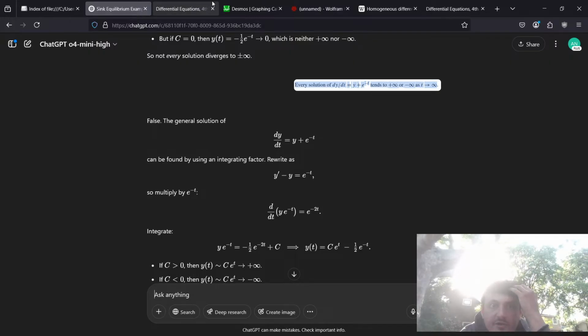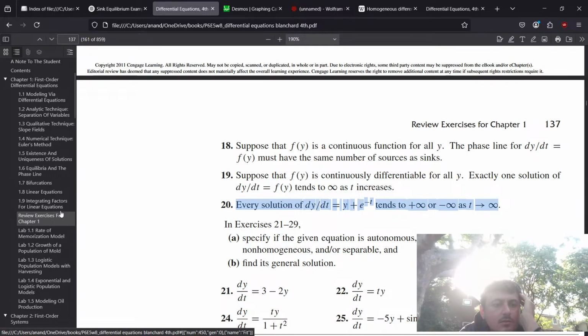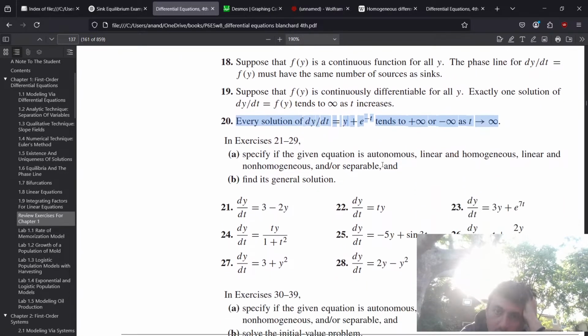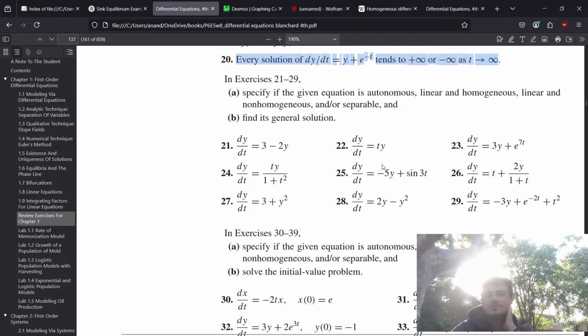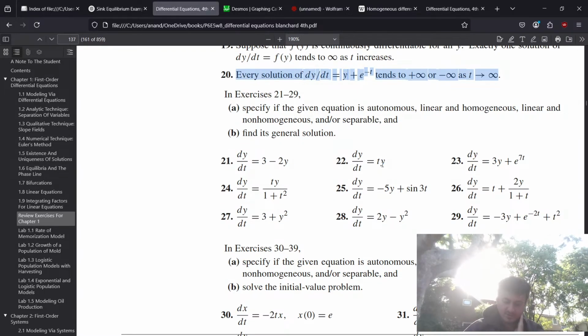Okay, I think the integrating factors. Yeah, okay. So that's why that one was so hard for me, because we haven't even covered it yet.